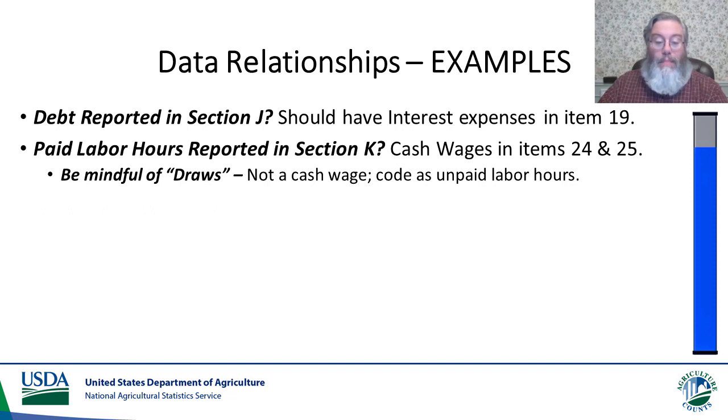However, be mindful that if the operator, spouse, and partners are not paying themselves a wage, but are rather taking draws from the business in order to pay for household expenses, then wages should not be reported in Section H, and all the work hours would be considered unpaid in Section K.